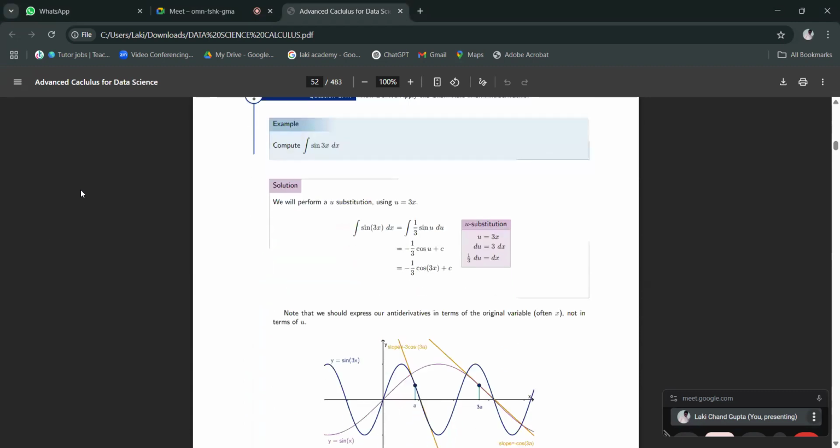Okay, what is chain rule? How to simplify integration using chain rule? This is called substitution rule.